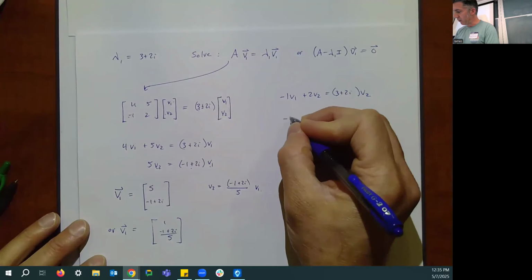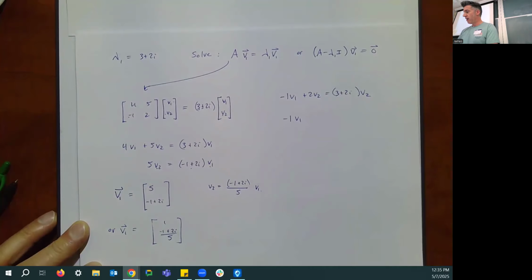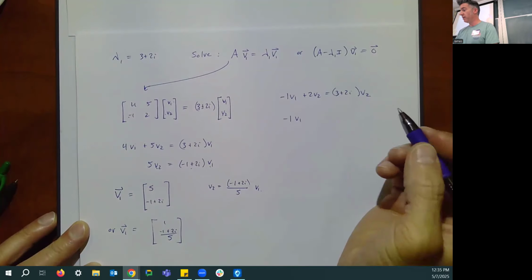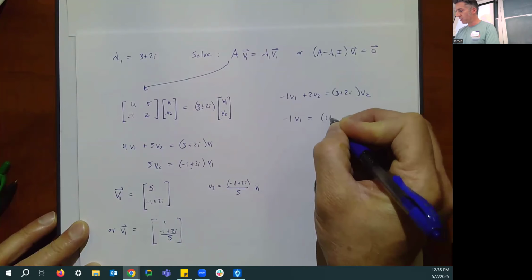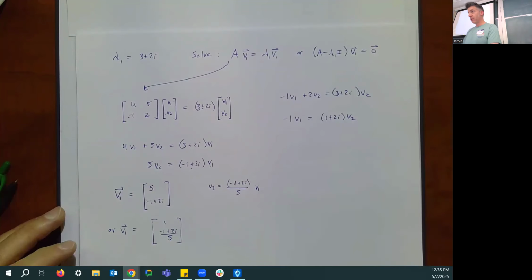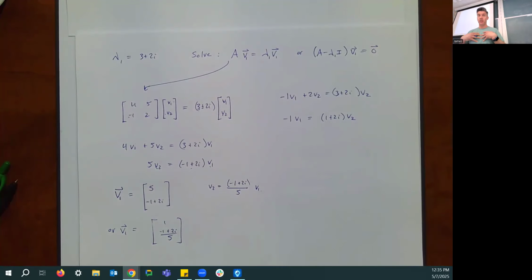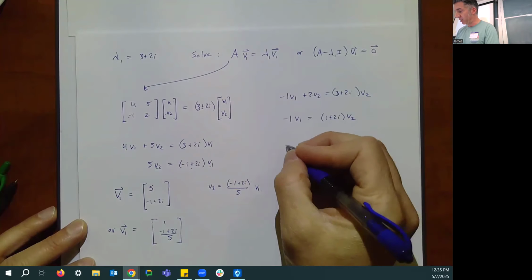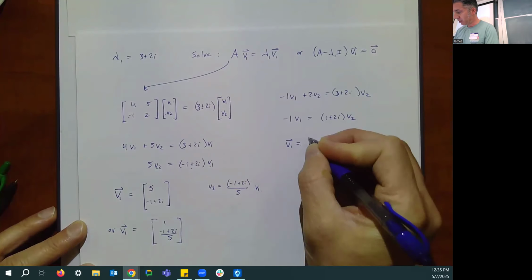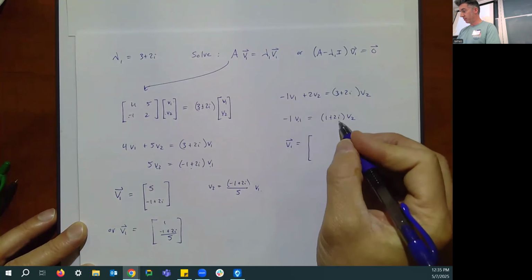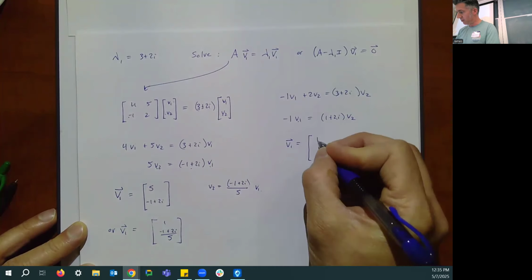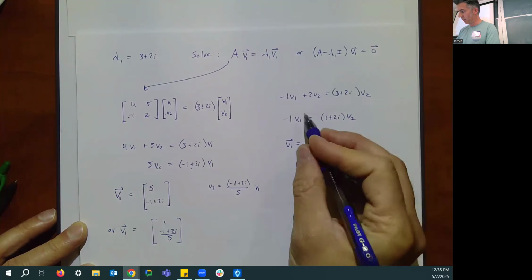So I'm going to have negative 1 times v1 on the left, and 3 minus 2 is 1, so I'm going to have 1 plus 2i times v2 on the right. So doing it the way I like to do it, I'm going to say that my eigenvector this way is, well, v1 is the coefficient of v2, and v2 is the coefficient of v1.